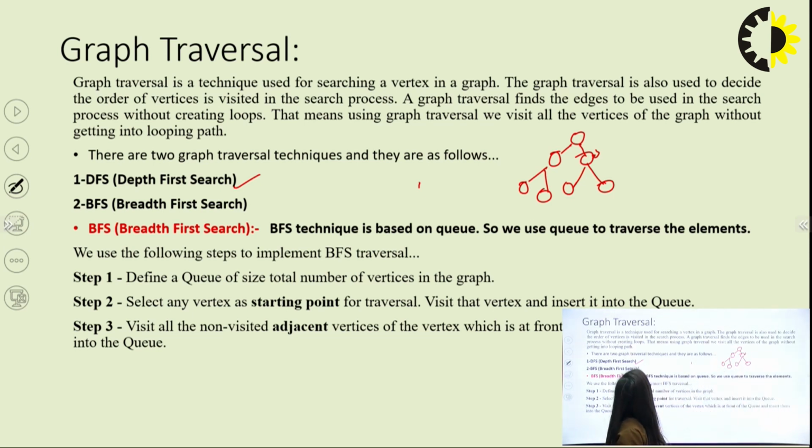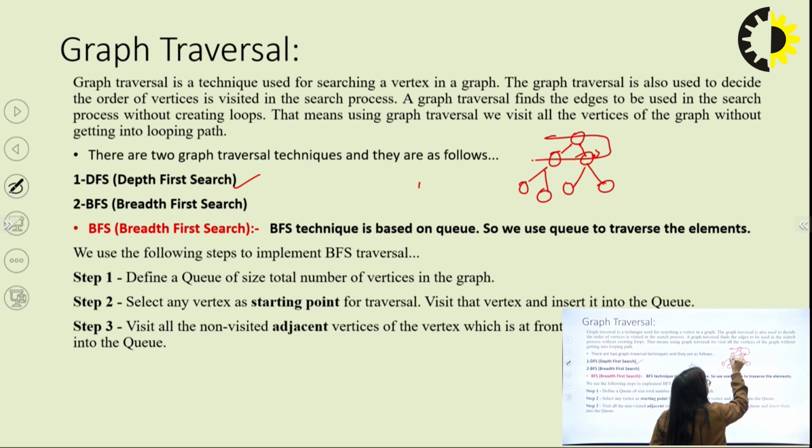According to BFS, it works level by level. Each node of a level is traversed, then it moves to the next level. It is called BFS.